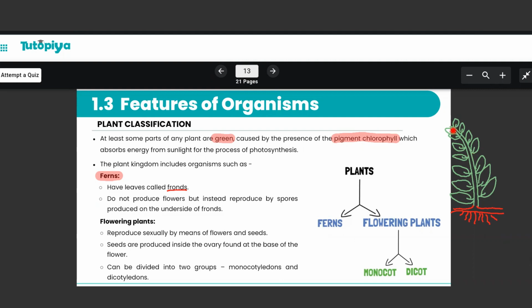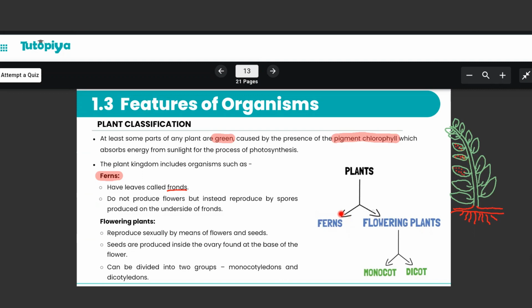So, what structure do ferns have in order to help them with their reproduction? Ferns have these little structures on the underside of their leaves called spores, and it is these spores that help in the reproduction of these ferns. So, that is the first group of plants that we need to discuss.